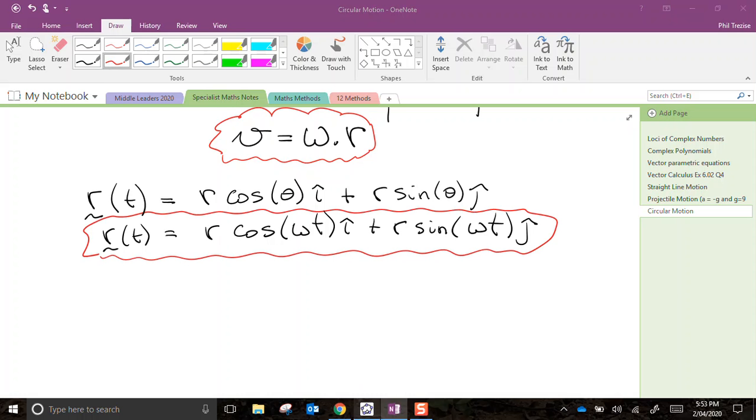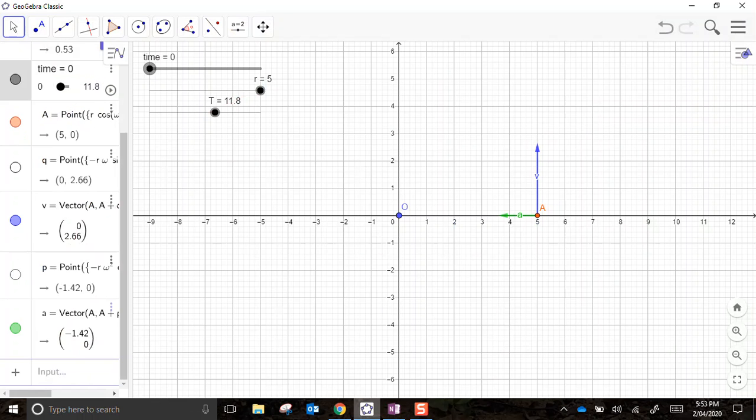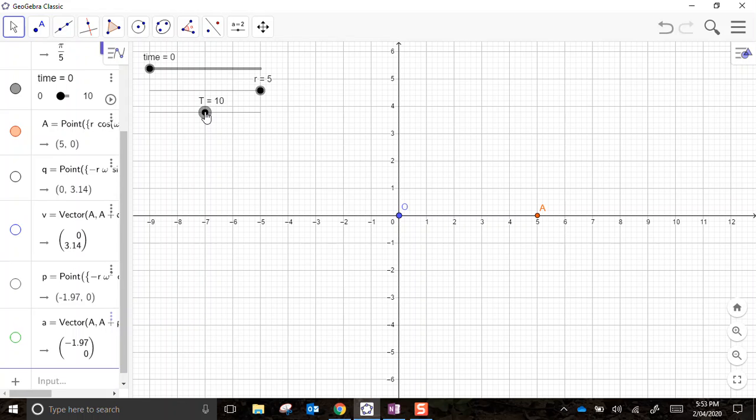Now let's have a quick look at that in action. I've got a GeoGebra going in here. So the point A here, I have a variable radius. I've got it set to 5. I've got a variable time period. Let's set that to 10.